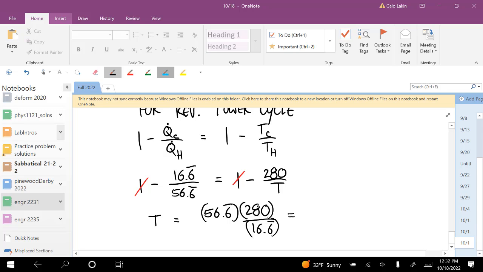Can someone tell me what that is? I got 952, I believe. Okay, 952 Kelvin.